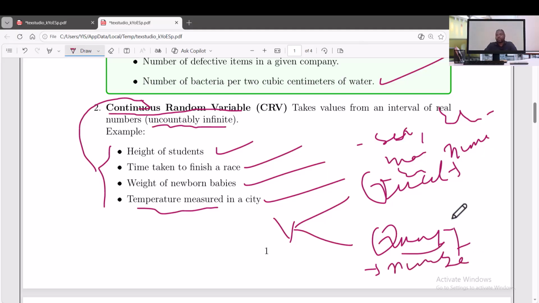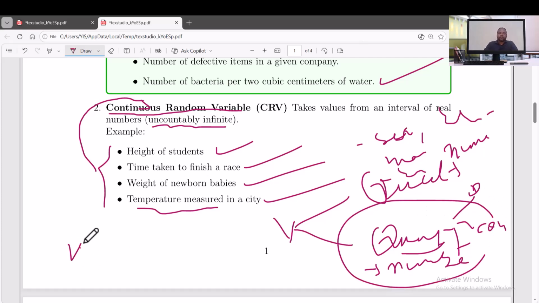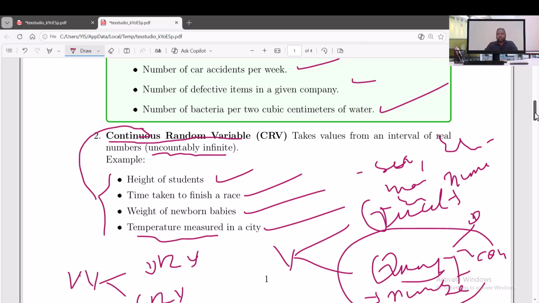This quantitative variable can also be divided into discrete and continuous. By analogy, in probability, the random variable can also be divided into discrete random variable and continuous random variable. Right? These are the two kinds of random variables in probability.